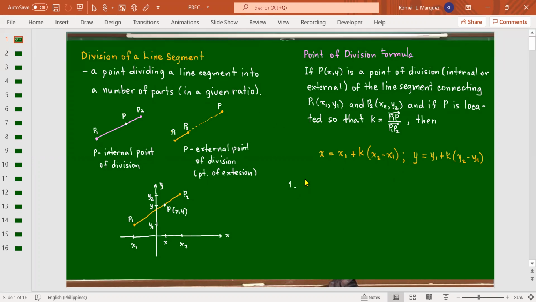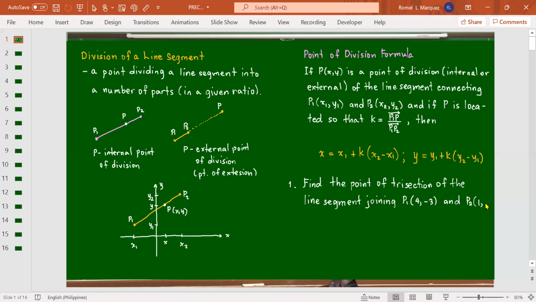Number 1. Find the point of trisection of the line segment joining P1 with coordinates 4, -3 and P2 with coordinates 1, 2, nearer P sub 2.